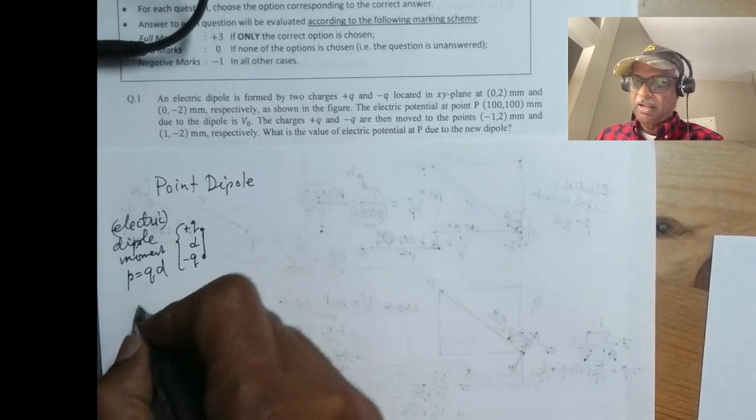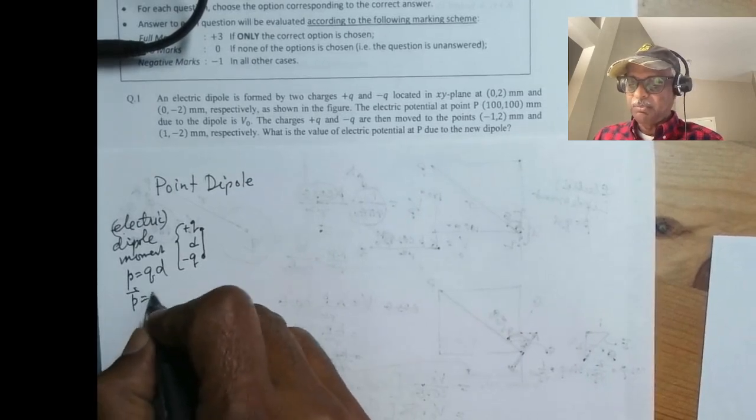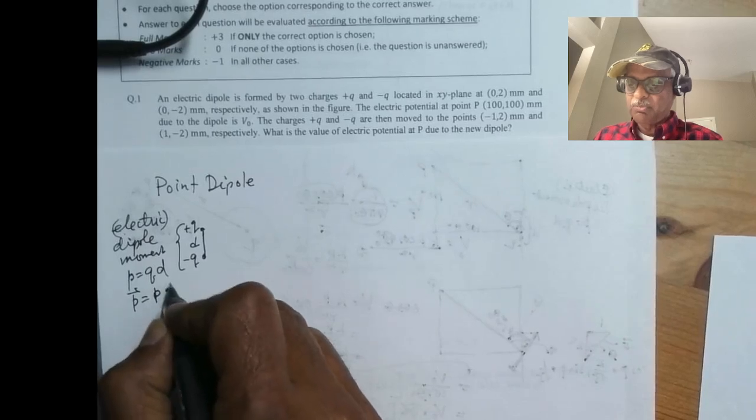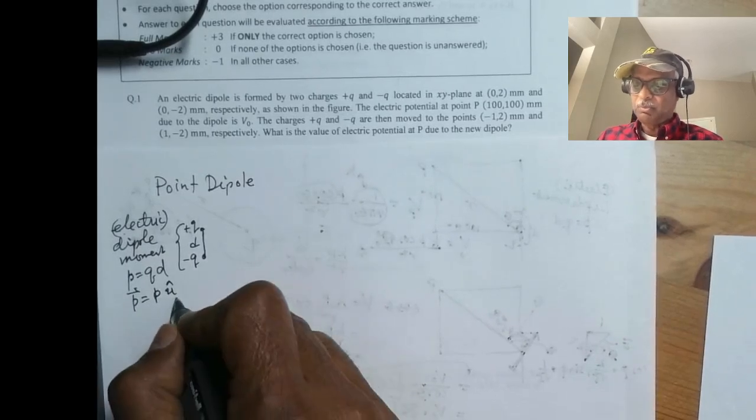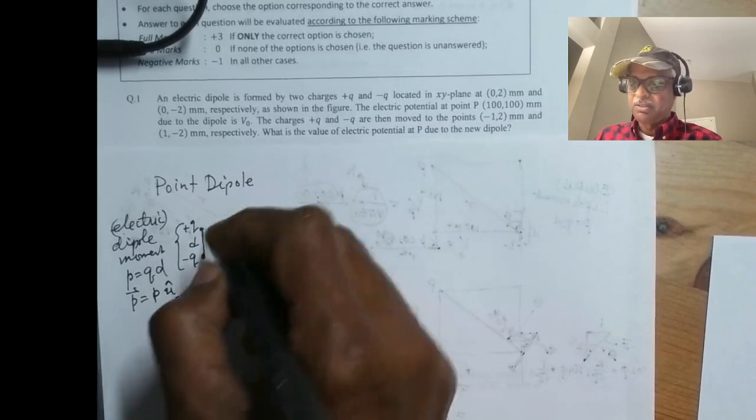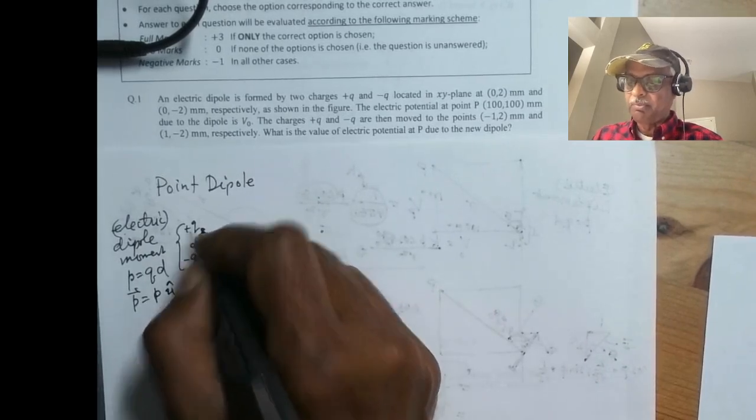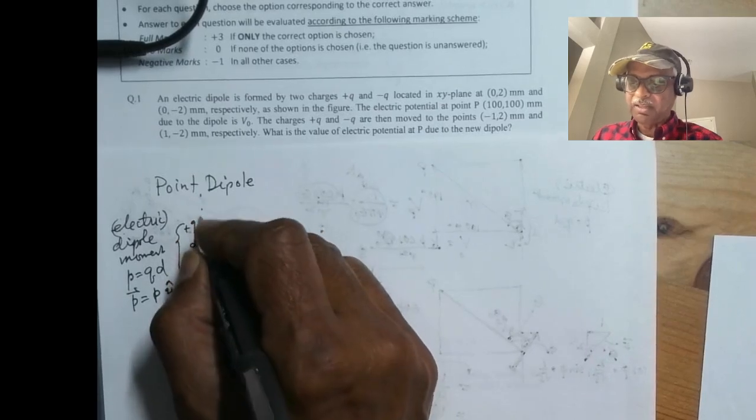And there's a P vector with magnitude P and a unit vector that goes from minus to plus. So you can say the dipole vector is that way. So there is a special direction.